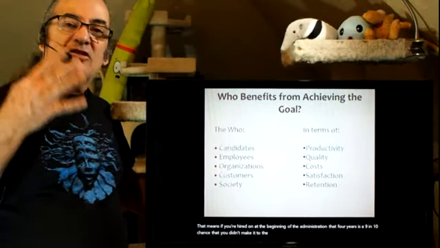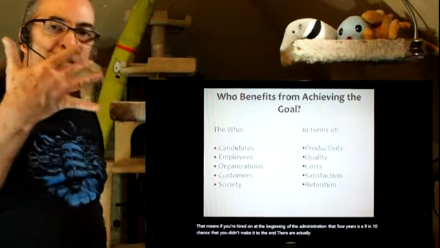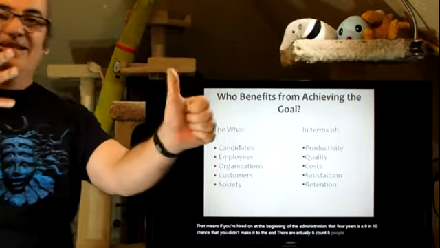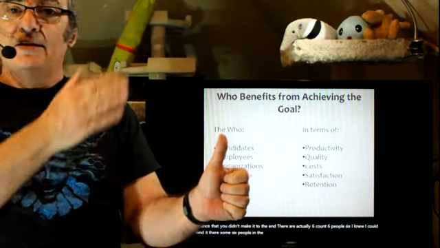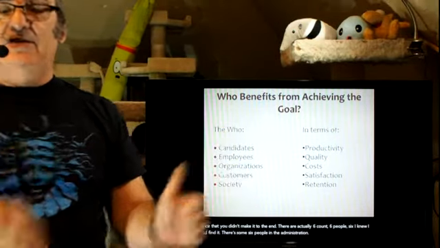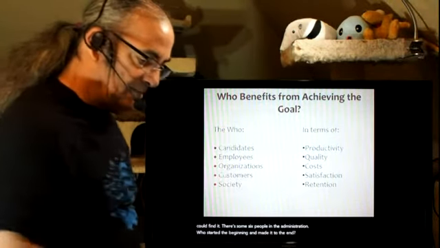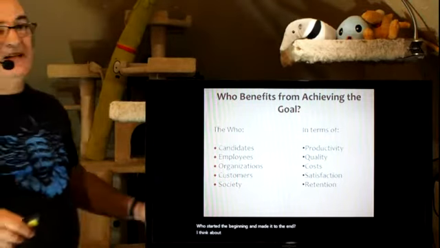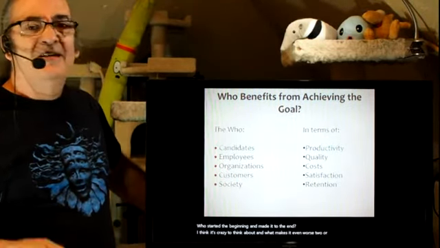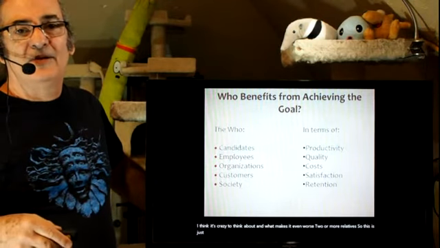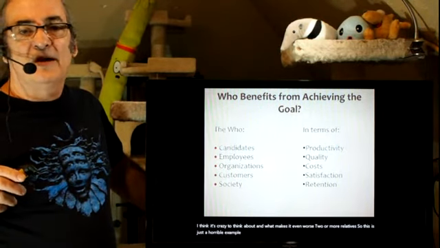There are actually 6, count them, 6 people in the administration who started at the beginning and made it to the end. Think about that. That's crazy to think about. And what makes it even worse, 2 of them were relatives. So this is just a horrible example of the personnel selection process.